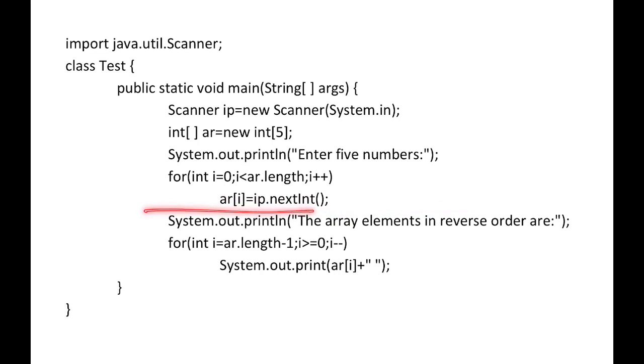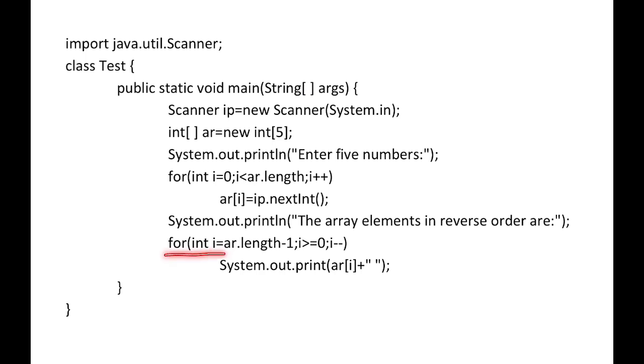Now after this we want to print the elements in reverse order. So here we are writing "The array elements in reverse order are" using System.out.println, because after execution of this statement this one is going to be displayed on the screen.